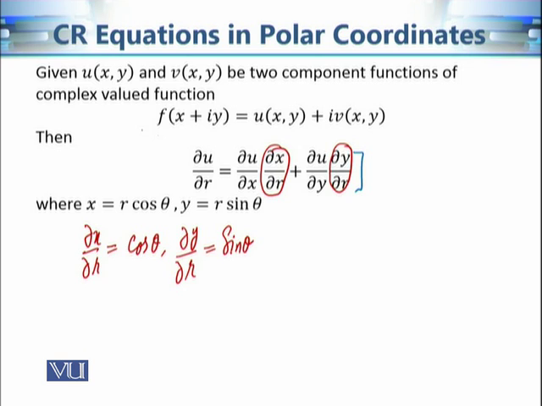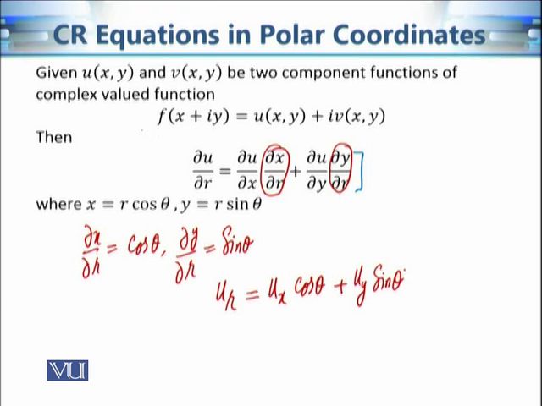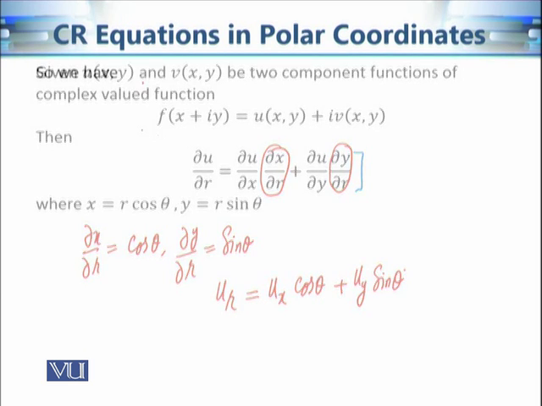So this implies that u_r, the partial derivative of u with respect to r, is in fact equal to u_x multiplied by cosine theta plus u_y multiplied by sine theta. This is the relation between the partial derivative of u with respect to the polar coordinate r and the partial derivatives of u with respect to the Cartesian coordinates x and y.